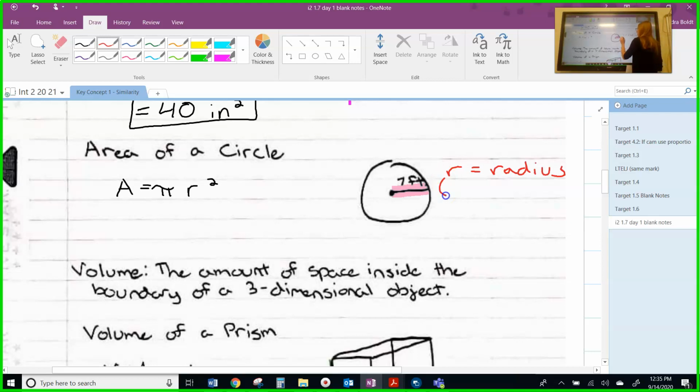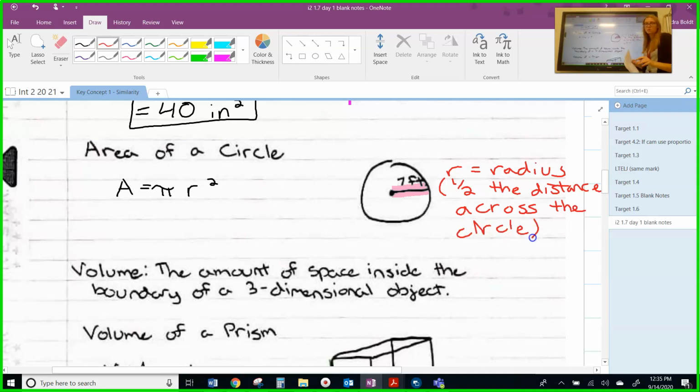And what is the radius? Well, the radius is half the distance across the circle. You can see here I'm starting at the middle and going out, only going to the middle. It's only half of the distance across the circle.